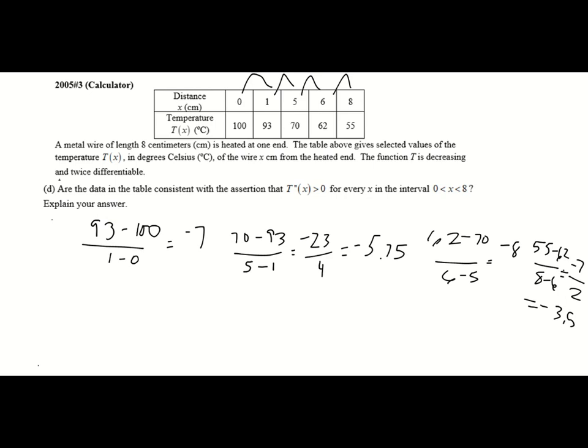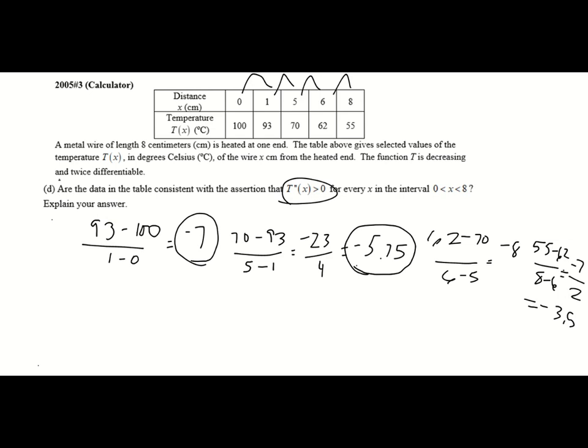Okay, so how are the derivatives changing over time? If this is true, concave up, positive second derivative, that would mean that these should always be increasing. Are they always increasing? Well, from negative 7 to negative 5.75, it went up because it's less negative, so that's a bigger number.